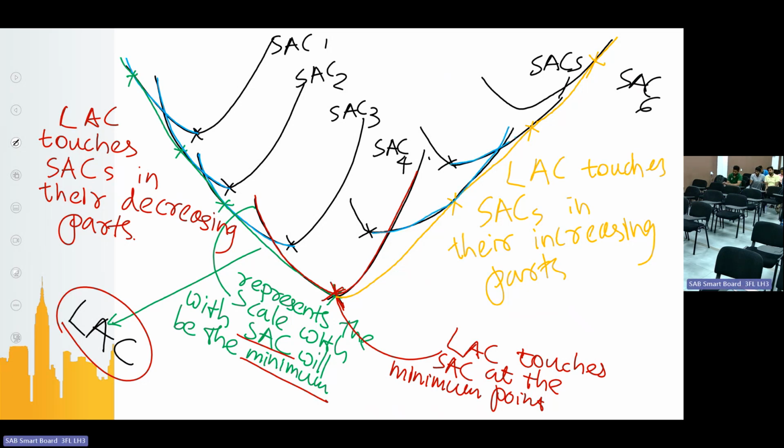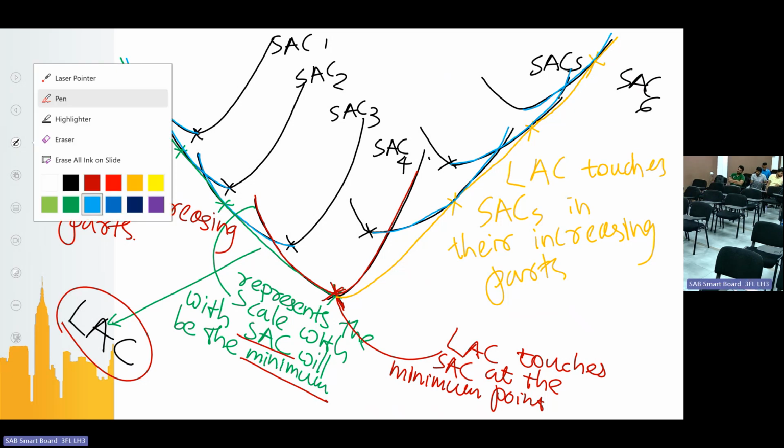These are the increasing parts. That is how long-run average cost and short-run average cost curves are related.